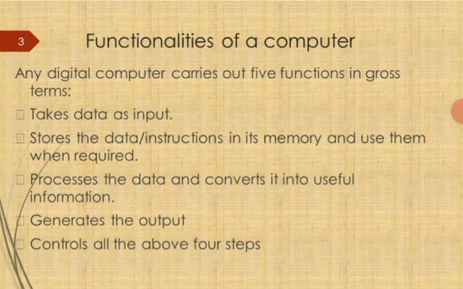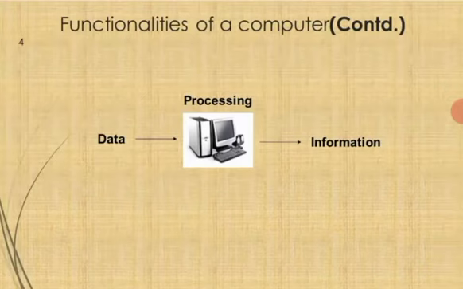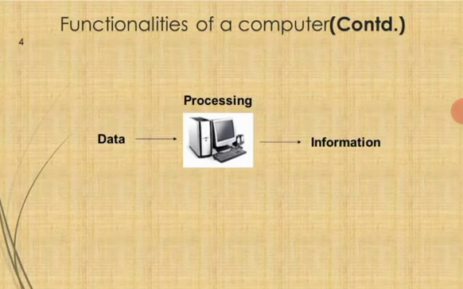From the picture that you're seeing here, it's a little illustration of how a computer manipulates data. It accepts the input, processes it, and then converts it to information. That's basically what a computer does.